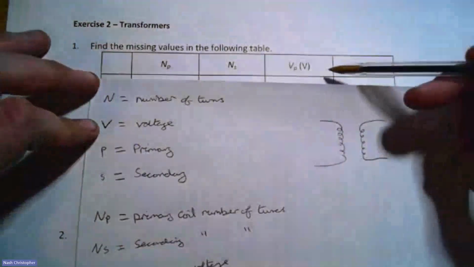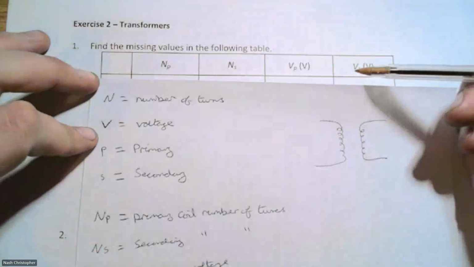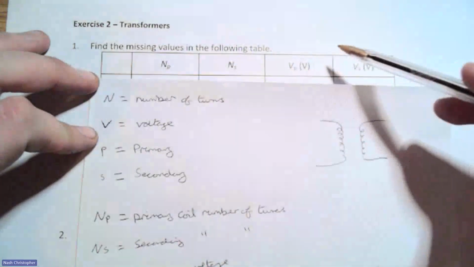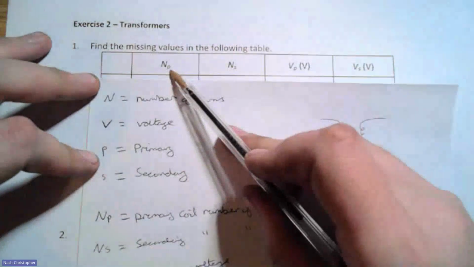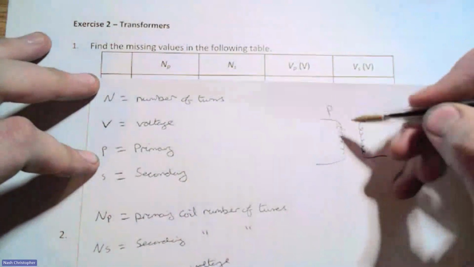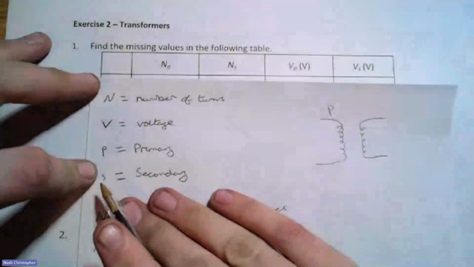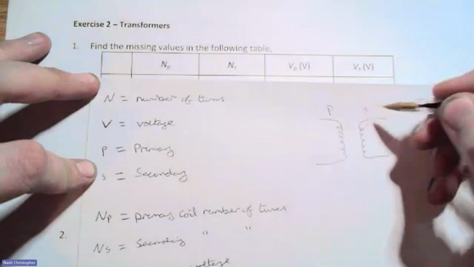The V in these two columns refers to the voltage. So the units are the same. It's either the number of turns or the voltage. Small p refers to the primary, which is your first coil, and the small s refers to the secondary coil.